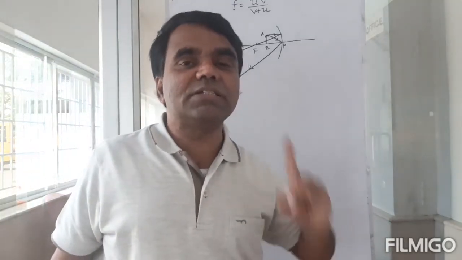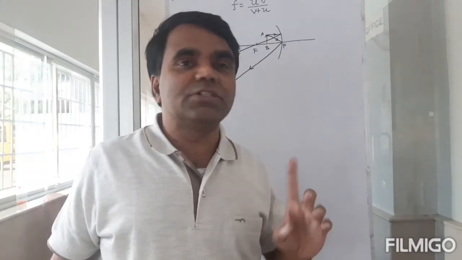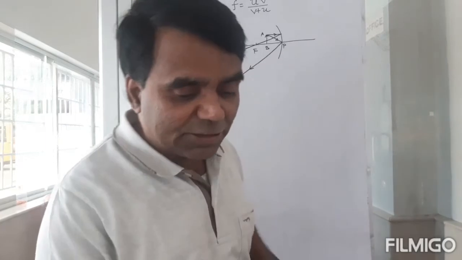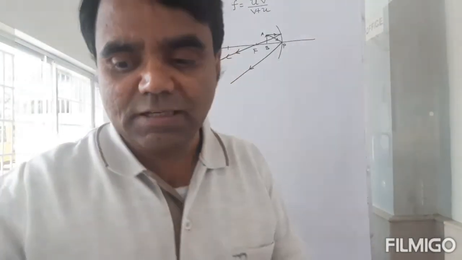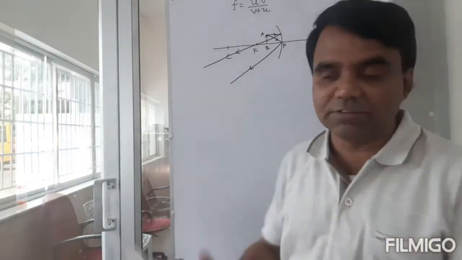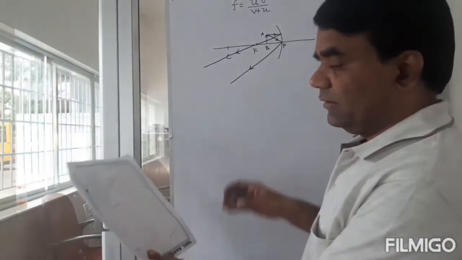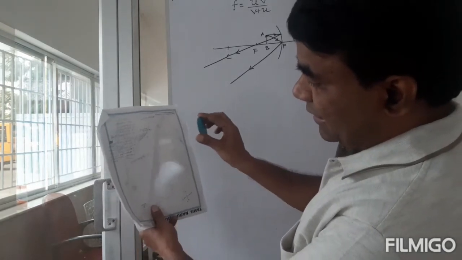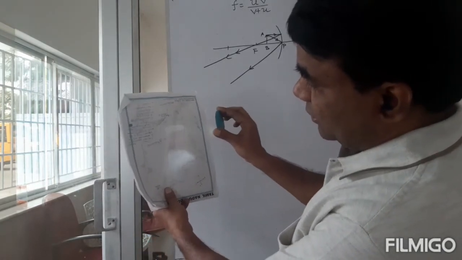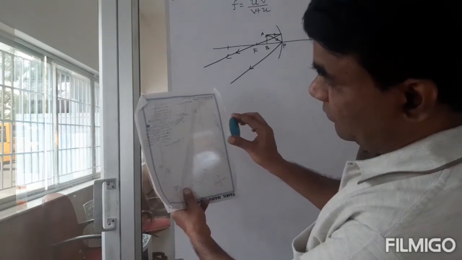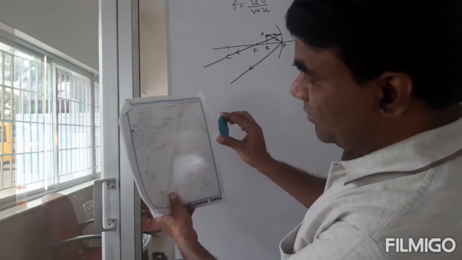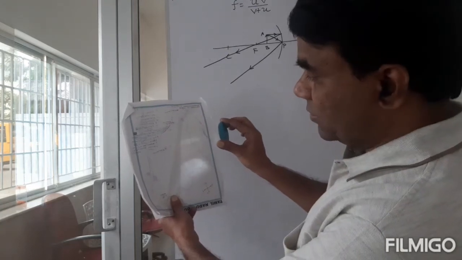By the way, what is a real image and what is a virtual image? A real image is an image that you can capture on a screen. For example, I have this screen, and you notice that I am able to capture the image on the screen. The image is formed on the screen. So this is a real image.